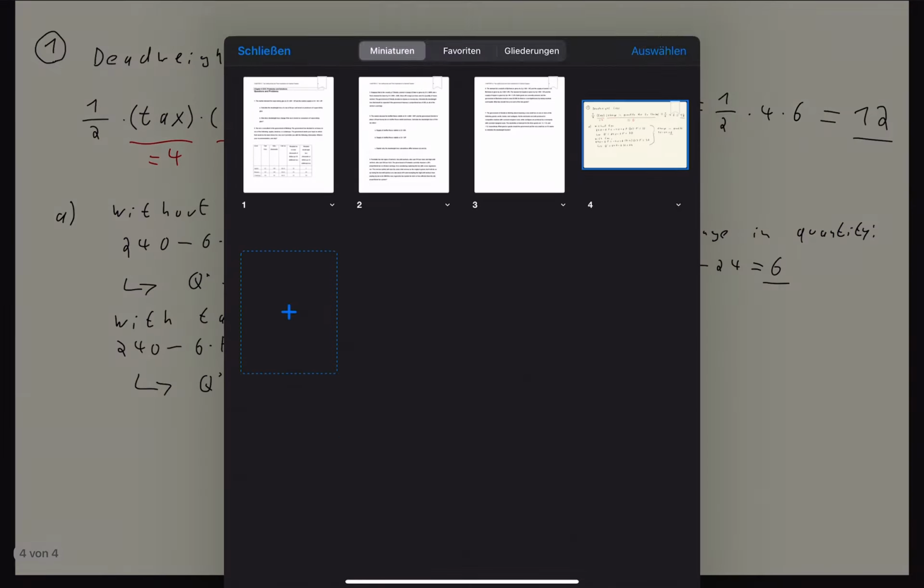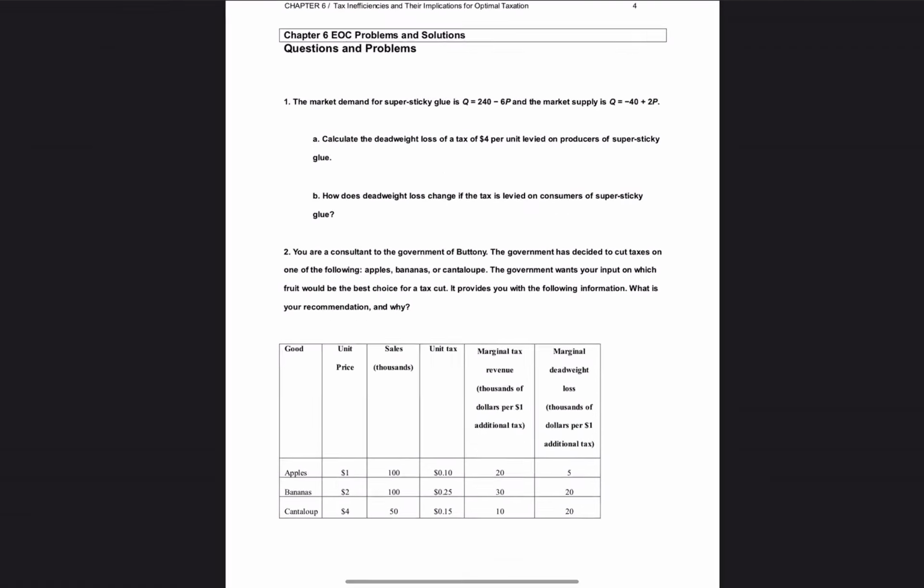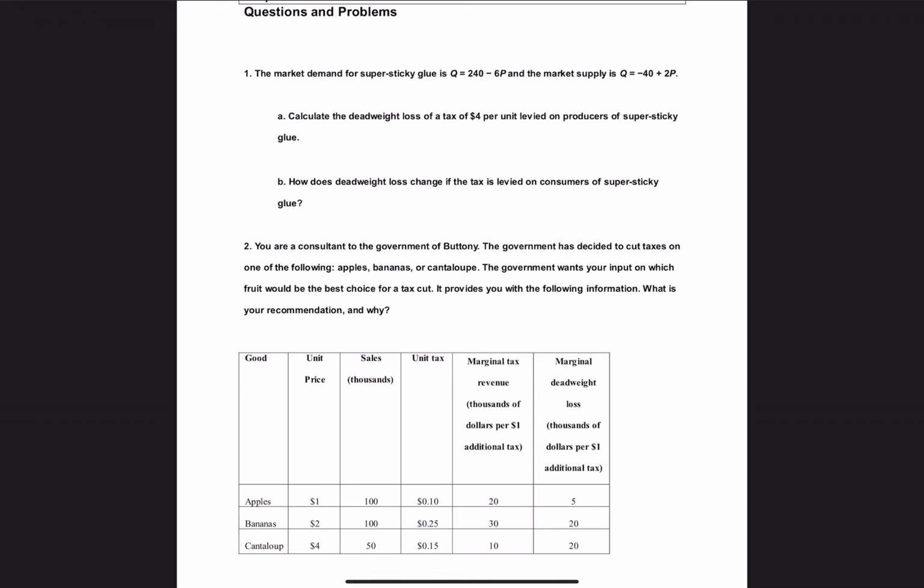In sub-exercise B, we're asked whether the deadweight loss changes, and if it changes, what is the change in the deadweight loss if the tax is levied on consumers rather than the producers. So if the statutory incidence is carried by consumers rather than producers.